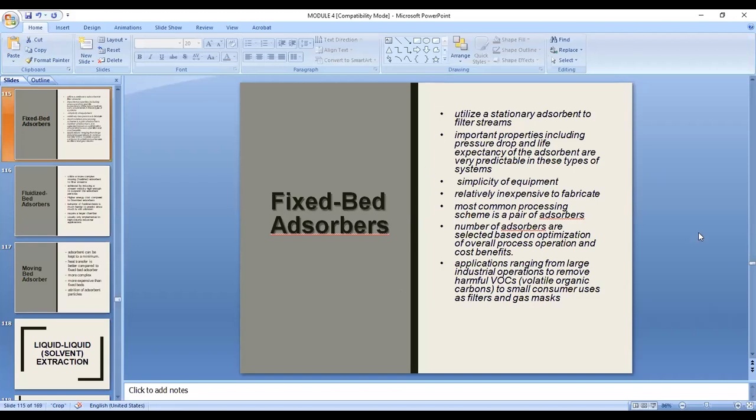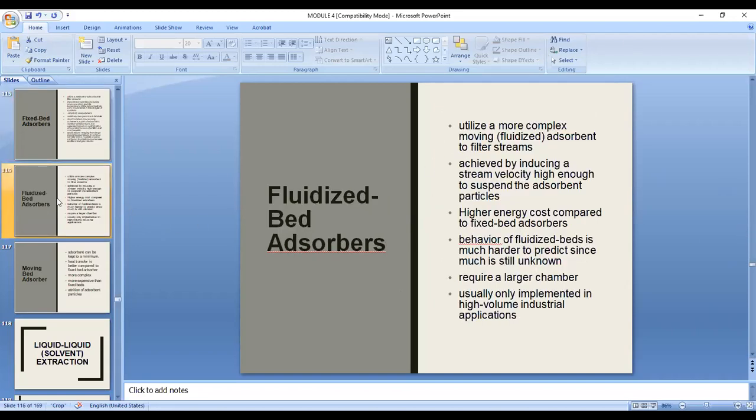So they are fixed bed adsorbers. Now, as to fluidized bed adsorbers, this utilizes a more complex moving fluidized adsorbent to filter the stream. So it is your adsorbent bed that is being fluidized. This is achieved by inducing a stream velocity high enough to suspend the adsorbent particles.